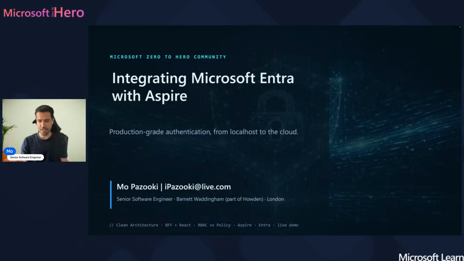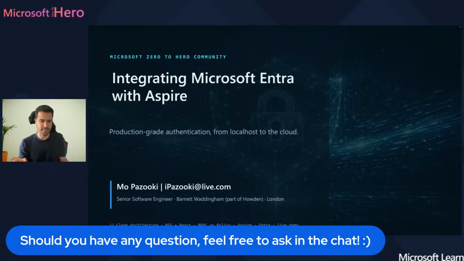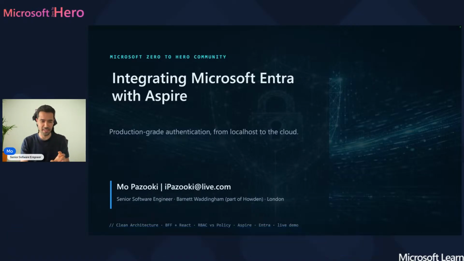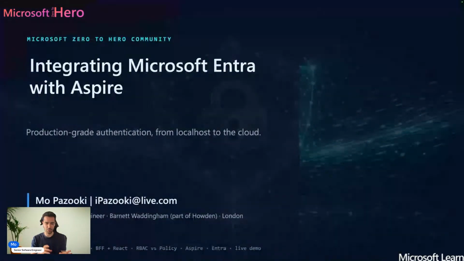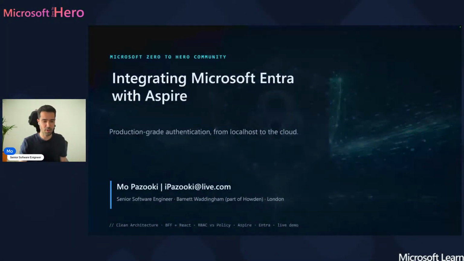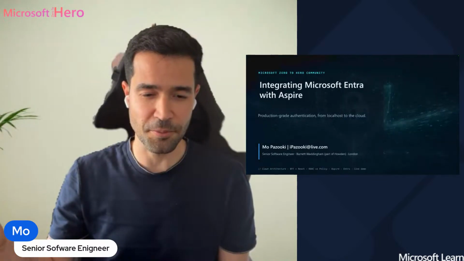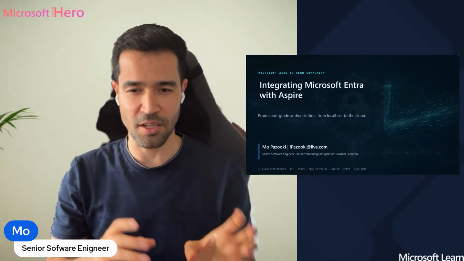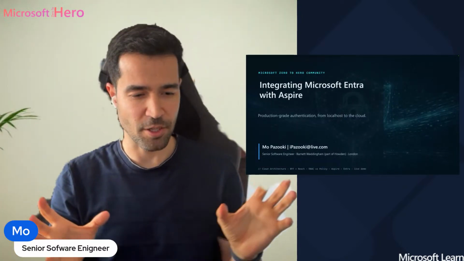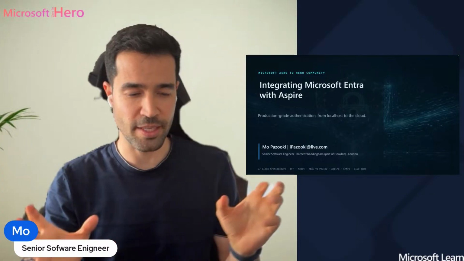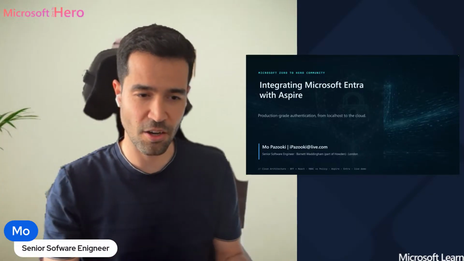And then we are going to see how Microsoft Aspire integrates all these concepts and services with each other, and how it orchestrates all these projects. And that's actually how the magic happens. And then we're going to take a look at Entra, and finally, after having these concepts and a good understanding of how the application is built, we're going to see a live demo.